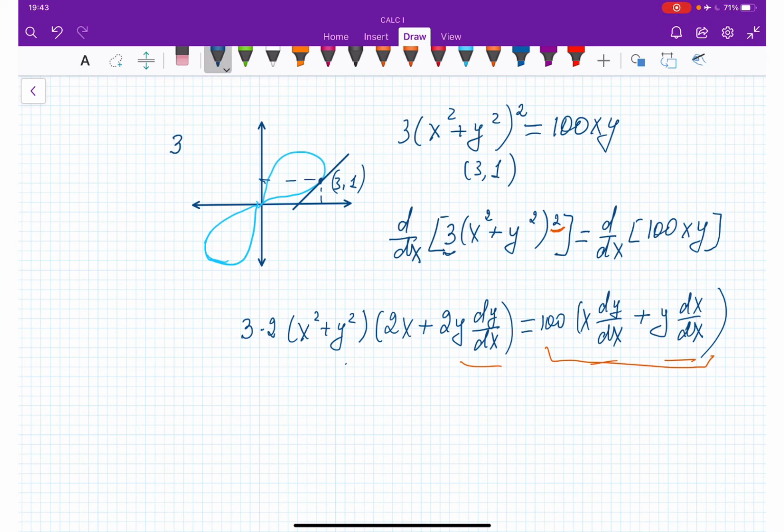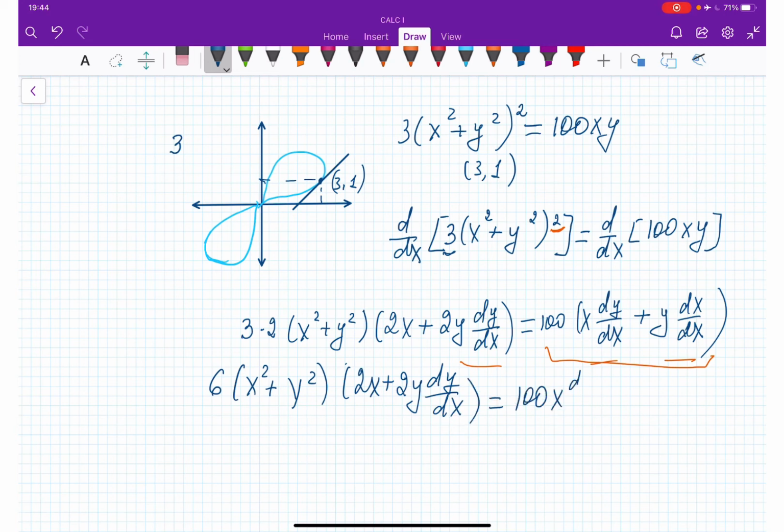It's going to be 6 times x squared plus y squared, times 2x plus 2y dy by dx, is equal to 100x dy by dx plus 100y, and dx by dx is 1, right? It's right here. So it's going to be plus 100y.